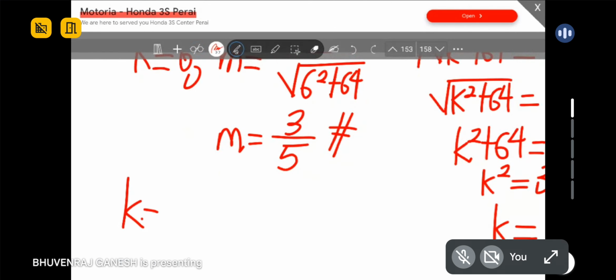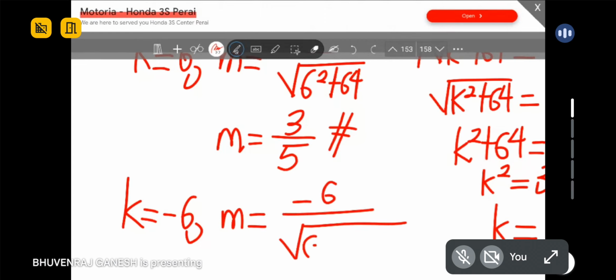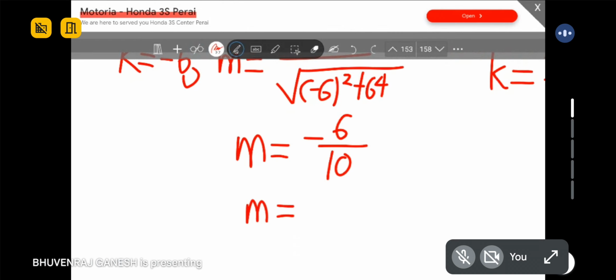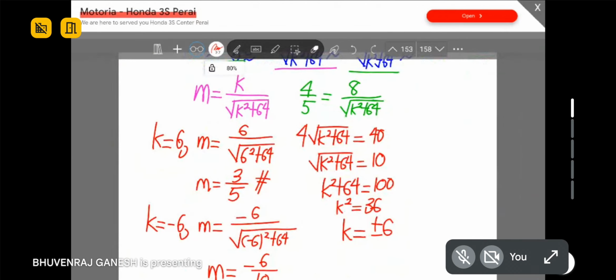Second case, k equal negative 6. You substitute negative 6 over square root of negative 6 square plus 64. So your answer will get m equal to negative 6 over 10. So it's negative 3 over 5. That's all. Can you guys understand the concept for this question?